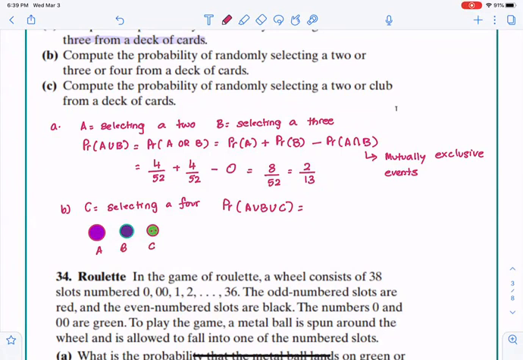In other words, if you select a 2, you can't say it is a 3 at the same time. If you select a 3, you can't say it is a 2 or a 4 at the same time. So they're all non-overlapping. So we can simply extend the addition rule and write it as probability of A plus the probability of B plus the probability of C.